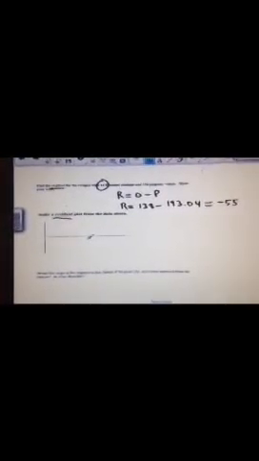Next, they're asking for a residual plot. Most students did not provide a scale, either on the x-axis or the y-axis. You have to provide a scale, and your scale should be somewhere from like 2 to about 26.